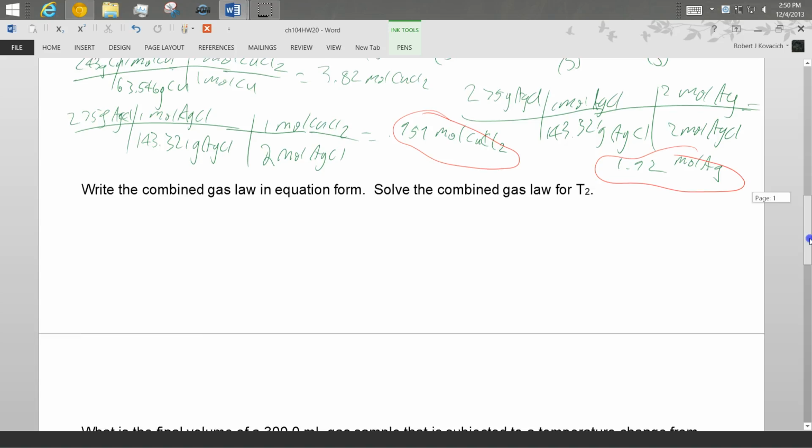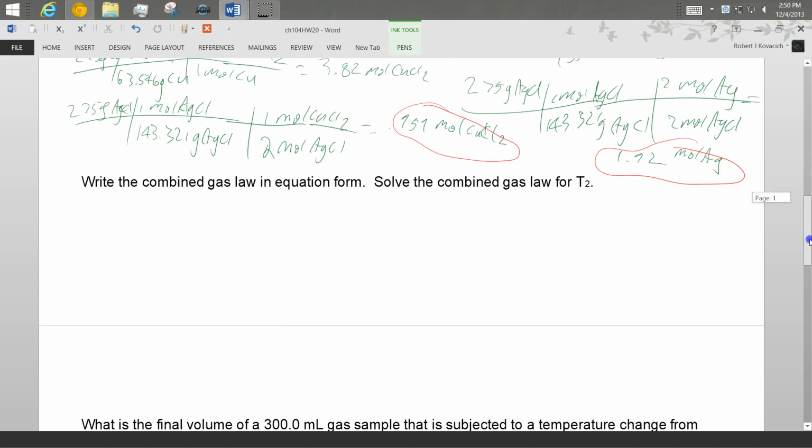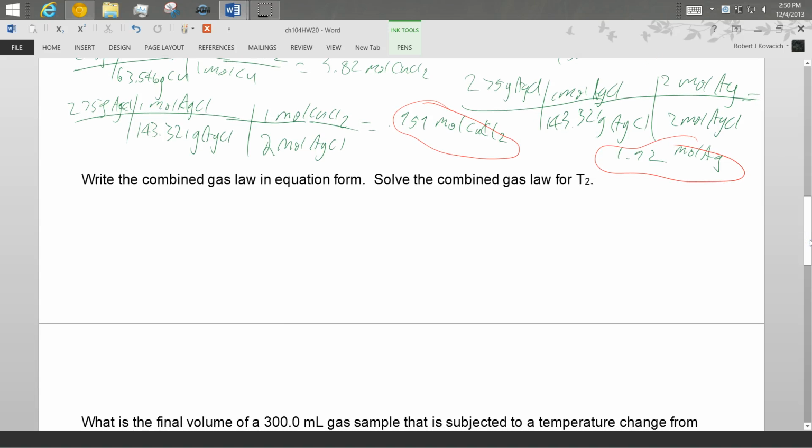Write the combined gas law equation and then solve it for T2. All right, so the equation is T1 P, no it's not. It's P1.